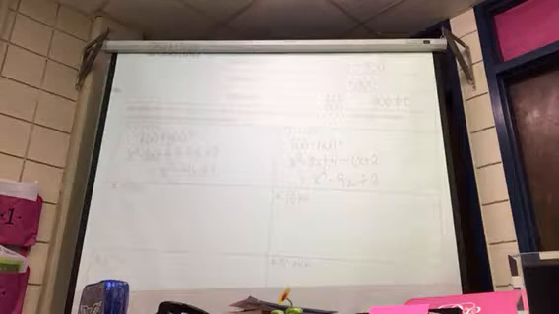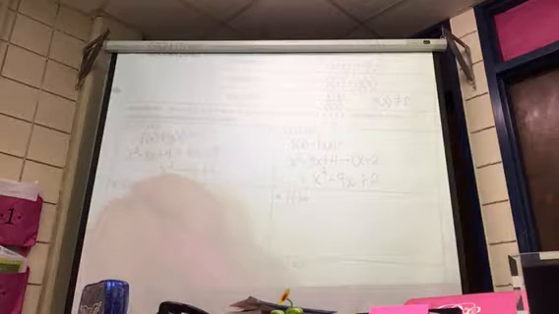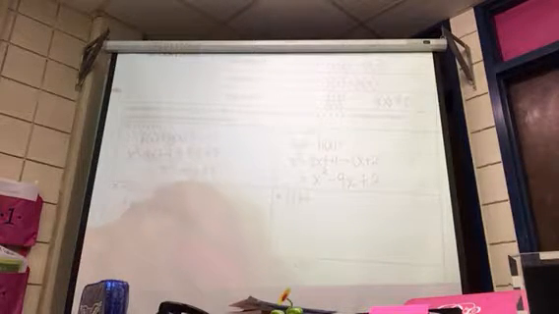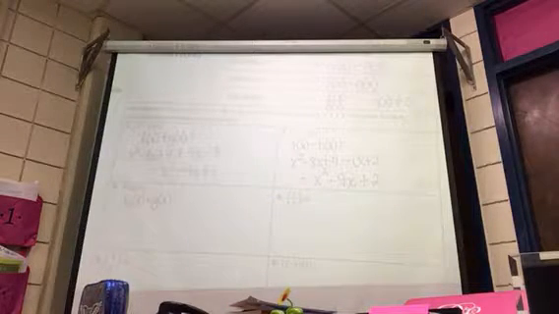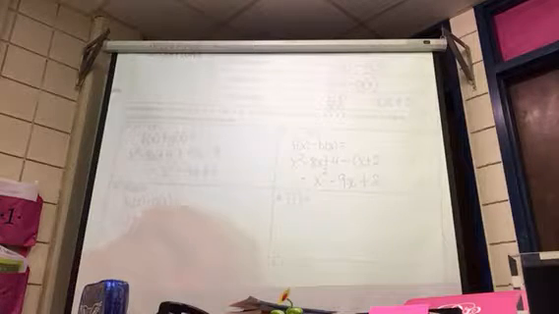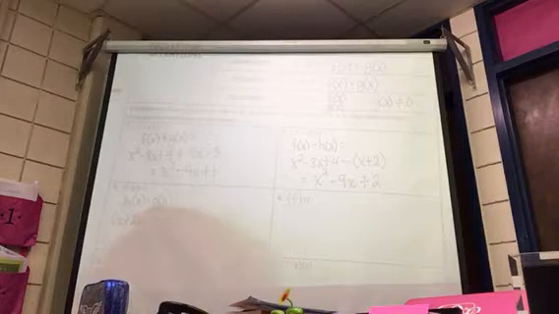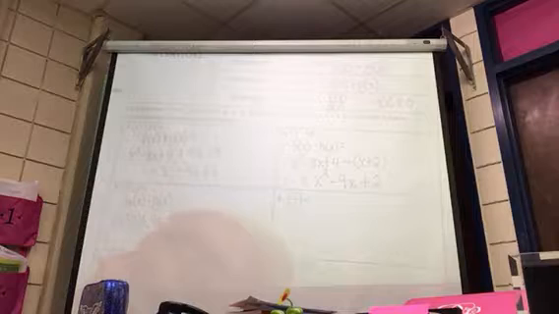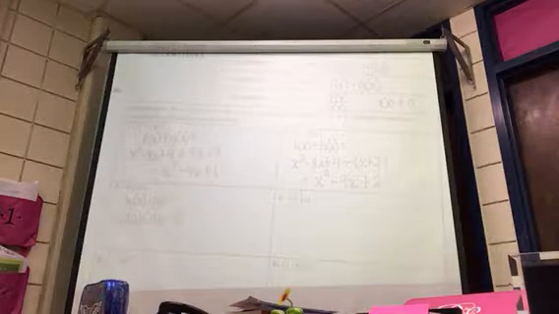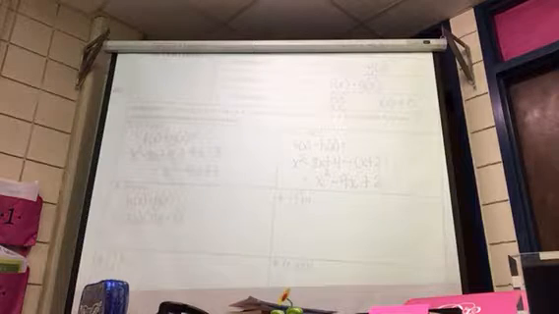All right, for number 3, we have h times g of x. So you have h of x times g of x. So h of x is x plus 2. And g of x is 4x minus 3. How do I multiply binomials? FOIL, distributing them.